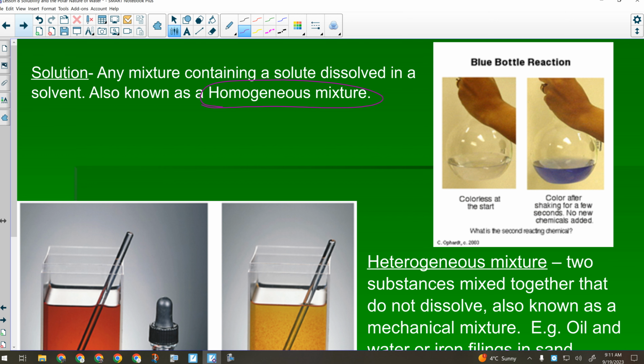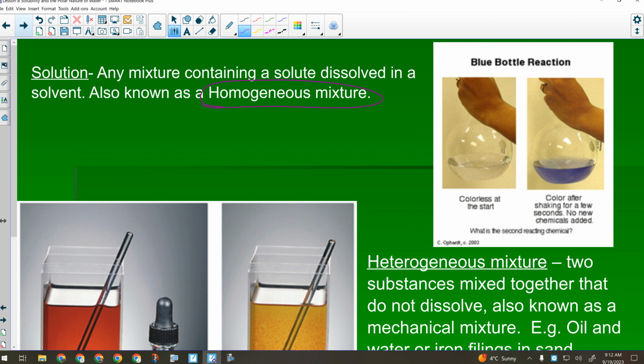Right? And the reason we call it homogeneous is because the prefix homo means one, or alike, or something along those lines. Okay, so if I have a homogeneous mixture, it means it's all one part, or it's all the same. Okay, does everyone kind of follow me there?